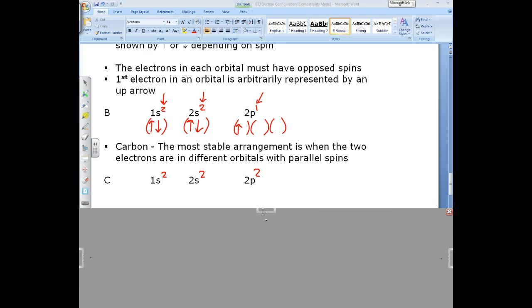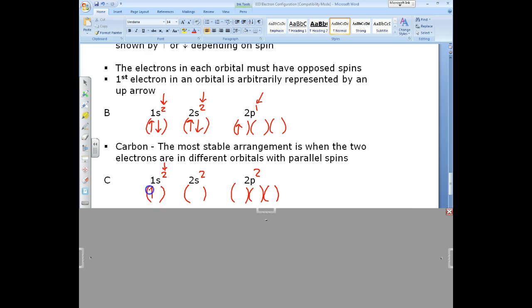So we'll draw parentheses. S only has 1 orbital orientation. This S only has 1 orbital orientation. P has 3 different orbital orientations. And again, the numbers of orbital orientations are located on a chart that we talked about before, or wrote down before. So now let's map our electrons.